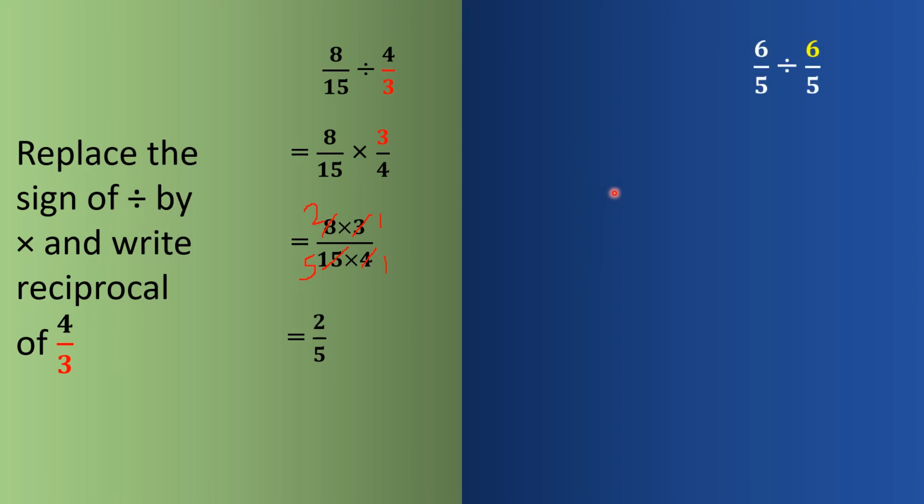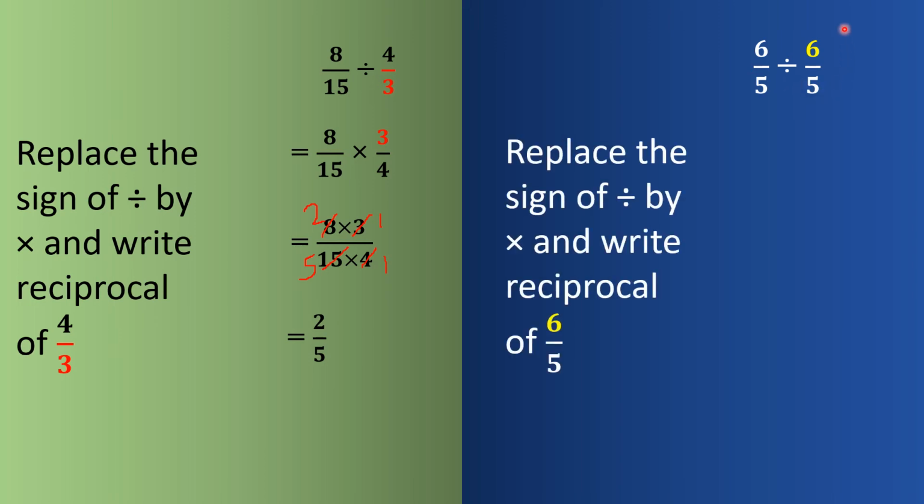Next question is 6 by 5 divided by 6 by 5. Here this first number is called the dividend and this 6 by 5 is our divisor. Here also we will replace the sign of division by multiplication and we will write the reciprocal of this divisor 6 by 5.